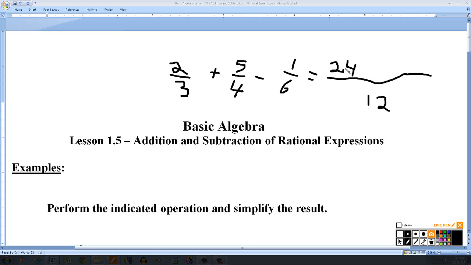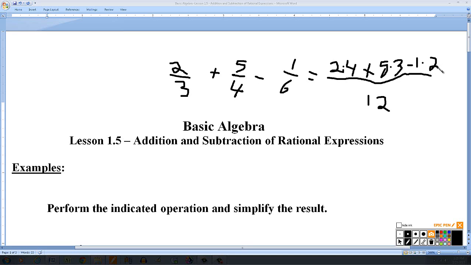Plus, and then 4 goes into 12 3 times, so the next one will be multiplied by 3. It's 5 times 3. Then minus 1. 6 goes into 12 2 times, so that would be multiplied by 2.